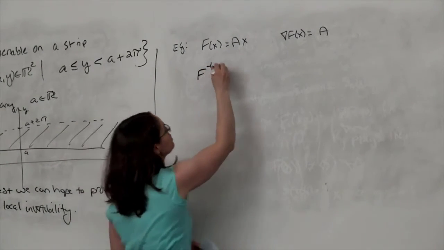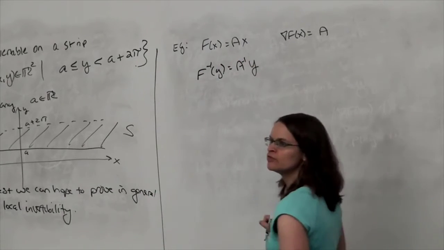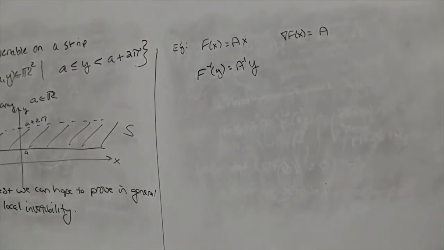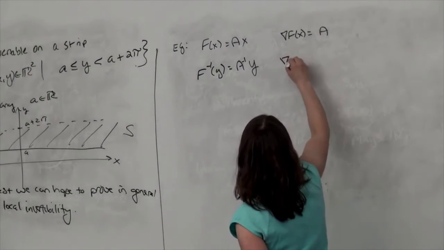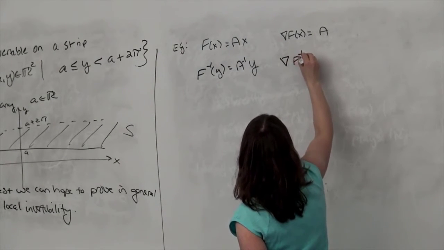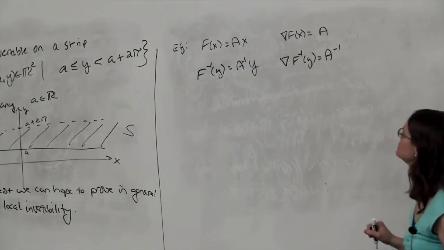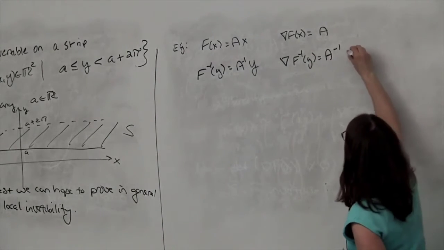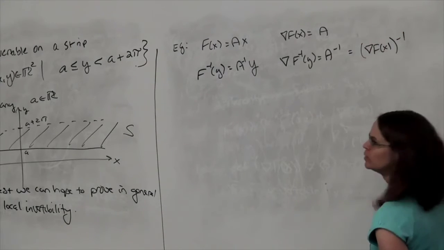F inverse just came from doing the inverse matrix multiplication. And we could also write down the Jacobian of this guy, which was A inverse, which happens to be precisely the inverse of our original Jacobian.